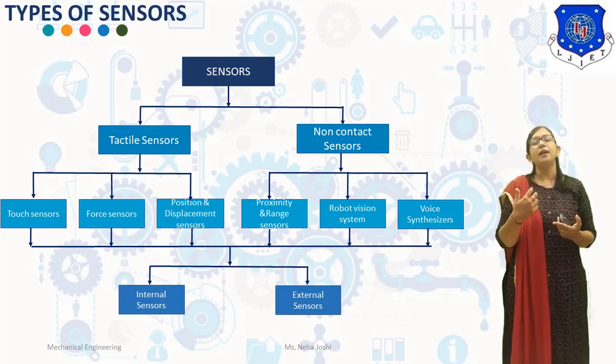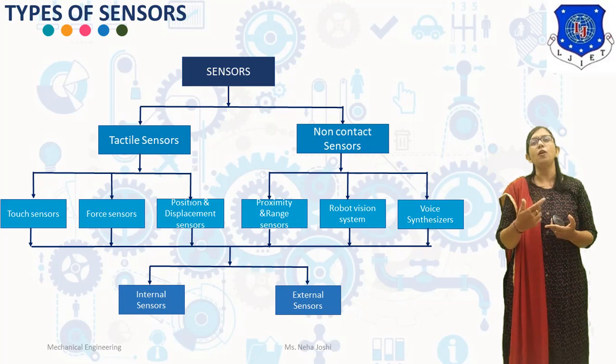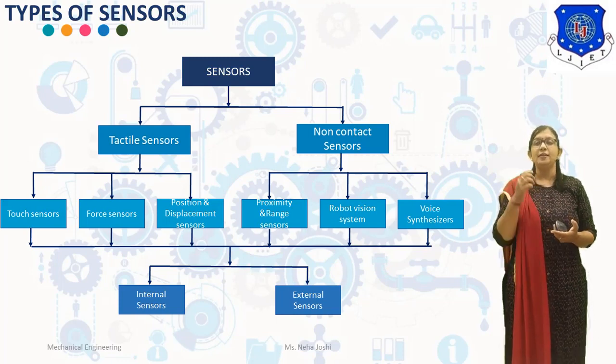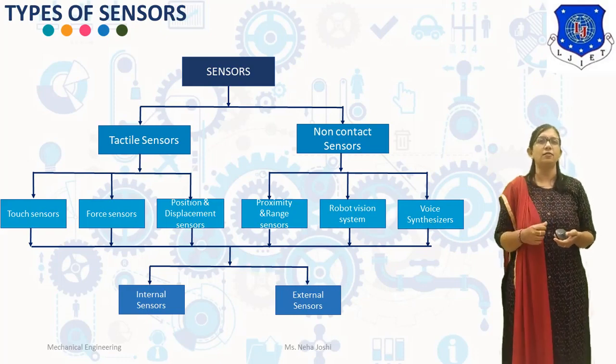Non-contact sensors are divided into three categories. First one is proximity and range sensors, second one is robot vision system, and third one is voice synthesizer. Based on the reference position, sensors can be classified as internal sensors and external sensors.